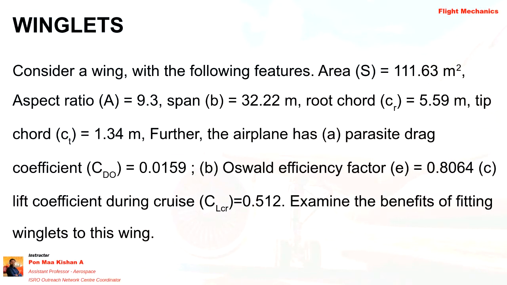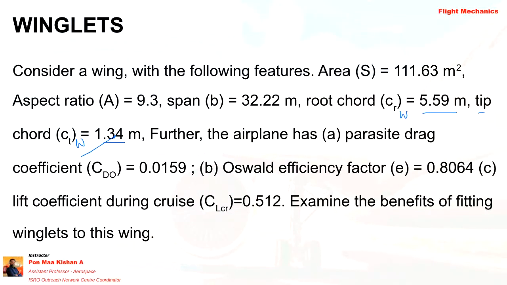So kindly note it down. Root chord of wing is given, that is 5.59 meter, and tip chord of wing is given 1.34. I am marking over here so that you can understand easily. Here it is wing, and here also it is wing. So 5.59 meter root chord and tip chord is 1.34 meter.